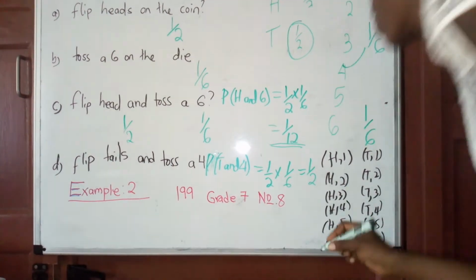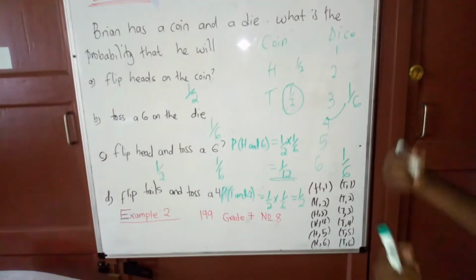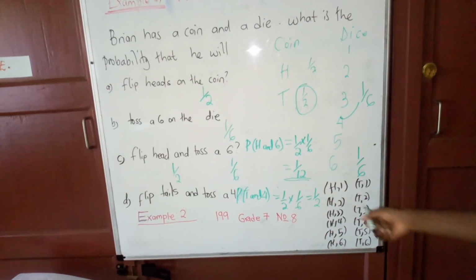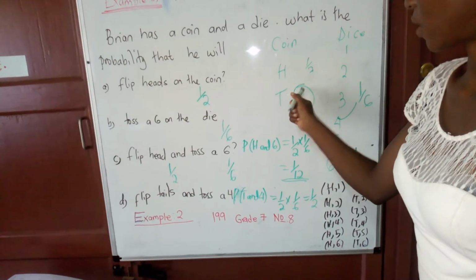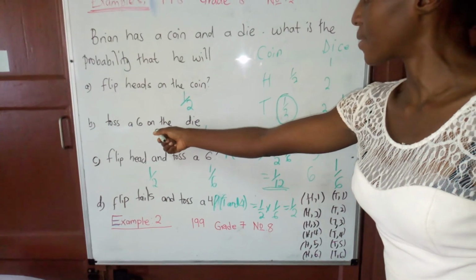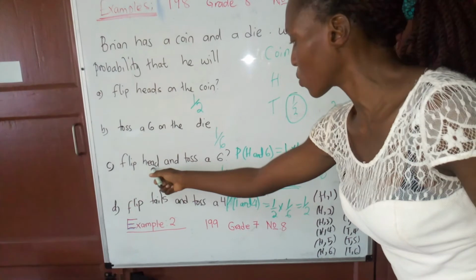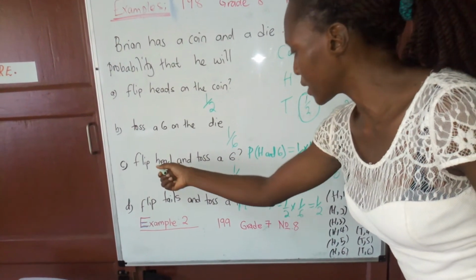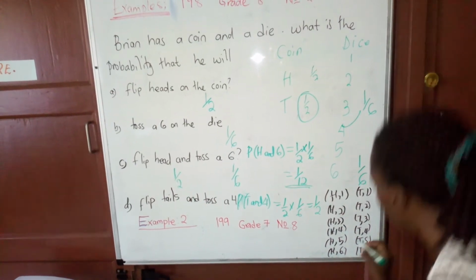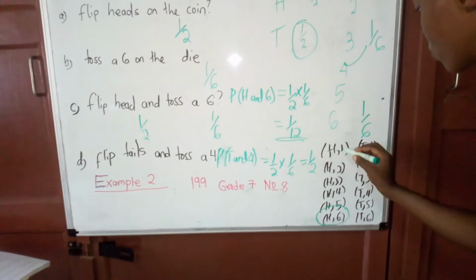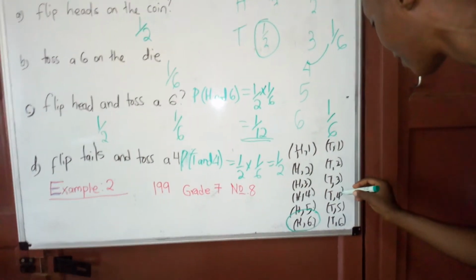And when you come to number 1, which says flip a coin and get heads, to get just head, it does not consider the die. You just look at the coin and you get a half, like what I said. For the toss, to get a 6, you just look at the die and get 1/6. But when it comes to combining the two, you say you want head and a 6. You look for where you have head and a 6. It only appears once out of the 12 possibilities.